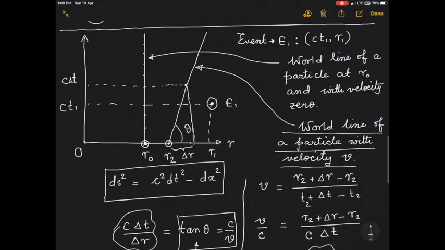So if I consider a light ray, say starting from origin here, so I draw it with a dashed line, that light ray trajectory, or world line, will be this. So this angle is now 45 degrees. So this is radial light rays.